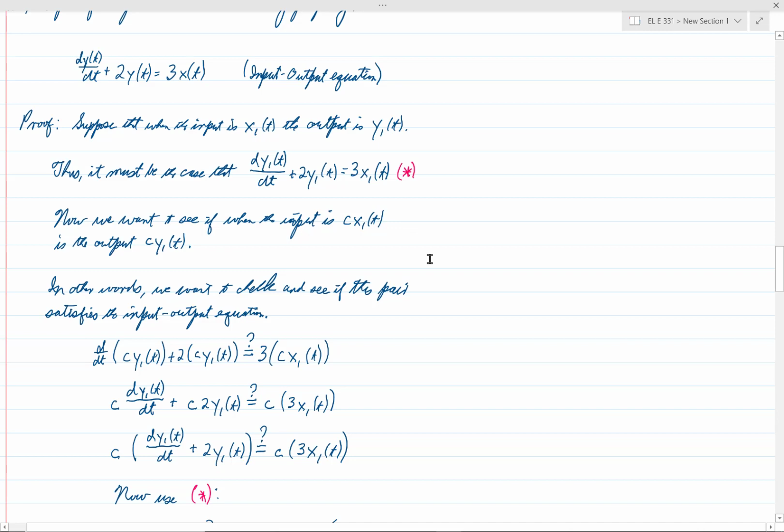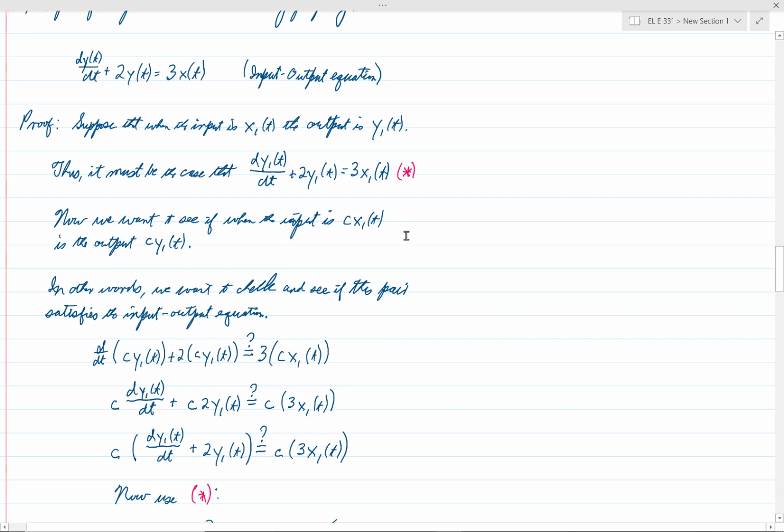And now we want to know if when the input is c times x1 of t, is the output c times y1 of t. That's what we want to know. If that's true, then this system does have the scaling property. But if it's not true, then the system does not have that property.